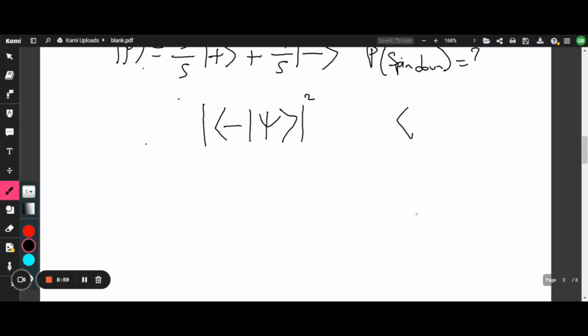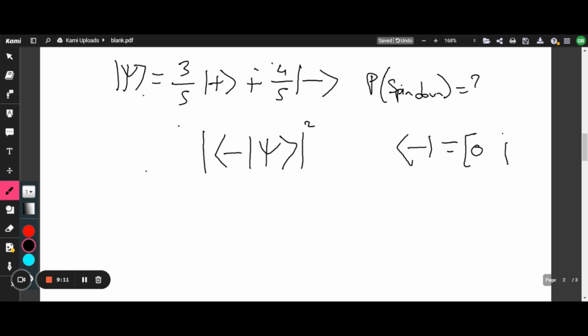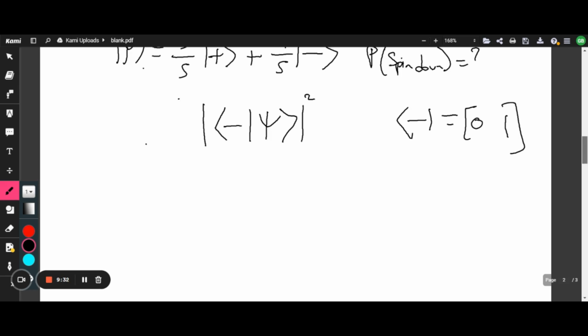We know that this bra vector is the same as (0, 1). But now the psi ket changed. Instead of being the matrix with 1 over square root 2 and 1 over square root 2, we have different coefficients. So we need to find the new matrix for the psi ket vector.